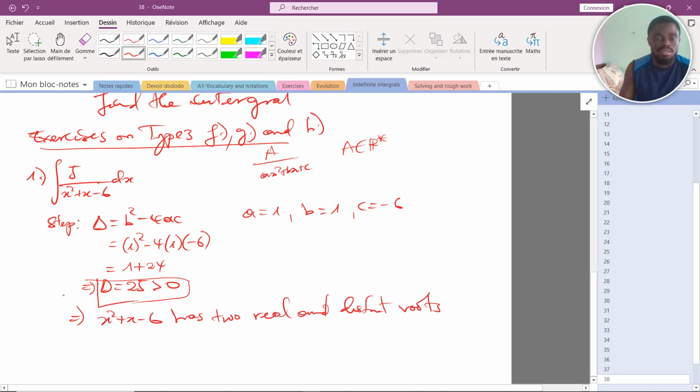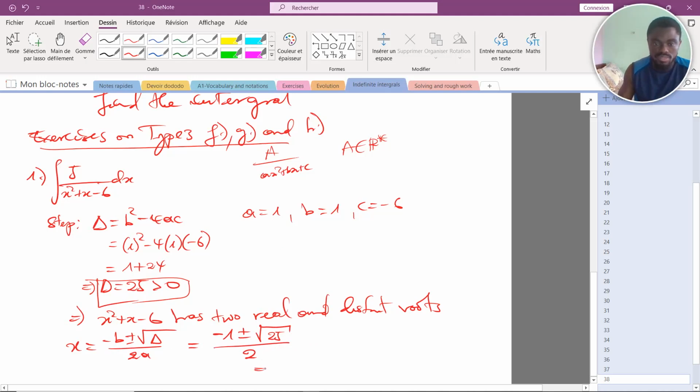Okay, let's now find these roots. We know that x will be equal to minus b plus or minus the square root of delta all over 2a. So this will be equal to minus b, this is our b, minus 1 plus or minus the square root of delta, which is 25, all over 2 times 1, which is 2.